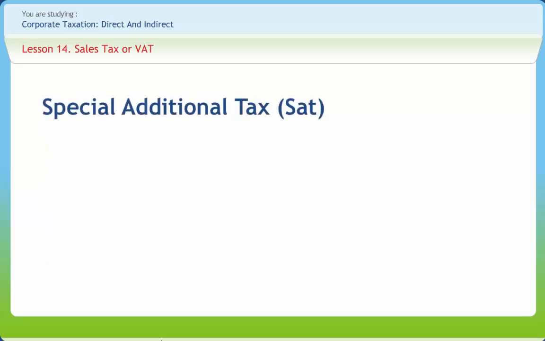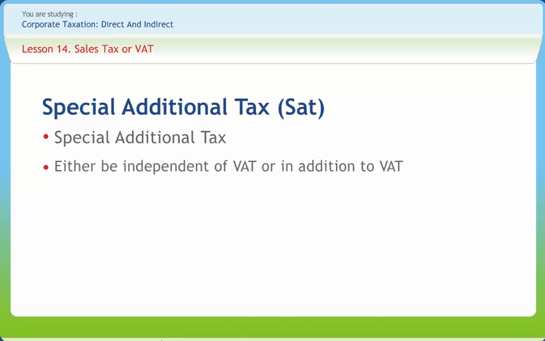Now let's discuss SAT. SAT refers to special additional tax. It may either be independent of VAT or in addition to VAT. It may be levied at the first stage or at any stage as may be notified in the state.